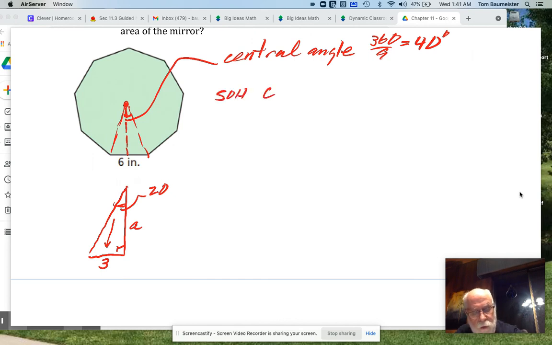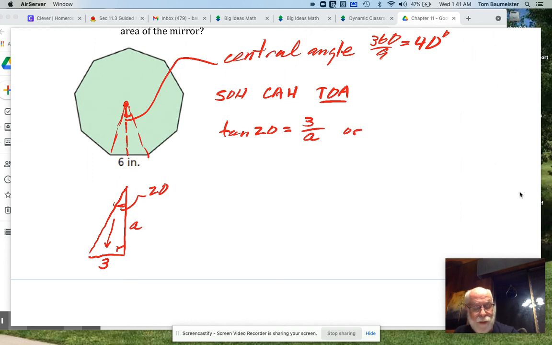Well, the one that uses the opposite and the adjacent is that one there. So we can say tangent. So we can say that the tangent of 20 degrees is equal to the opposite over the adjacent, which is A. All right?